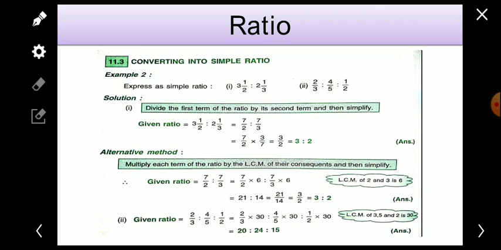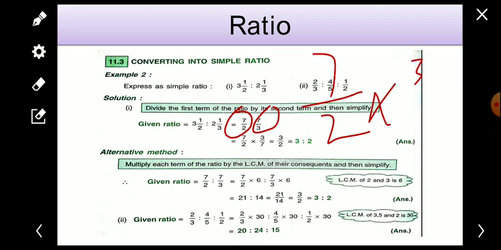So let's understand through the example. Suppose the ratio is this. If we convert into improper fractions, then 3.5 is 7/2, and 2 whole 1/3 is 7/3. So we have got 7/2 is to 7/3 here. So what will we do to simplify it? We will just multiply the first term by the second term. So 7/2 into 3/7.